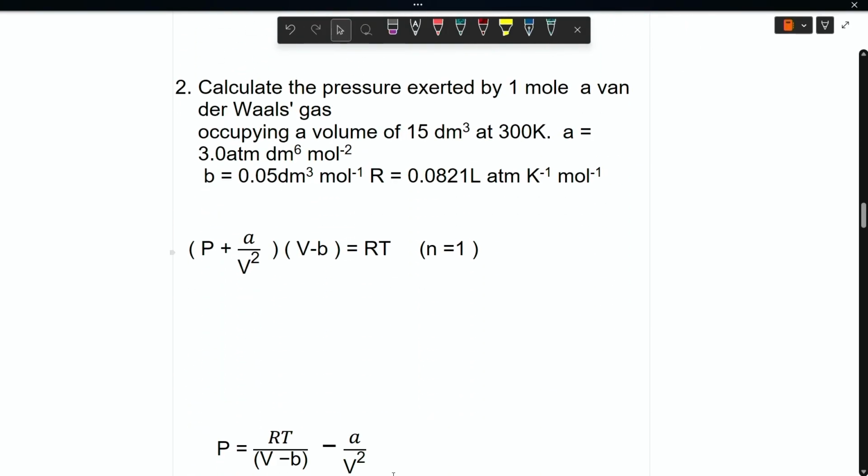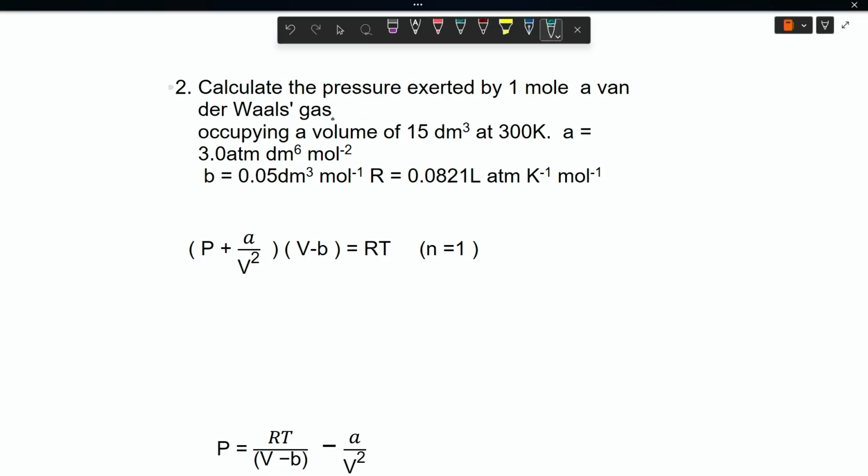Okay. So, a similar one, here the units are different. Here calculate the pressure exerted by 1 mole of a van der Waals gas occupying a volume of 15 decimeter cube. 15 decimeter cube is equal to liter at 300 Kelvin.